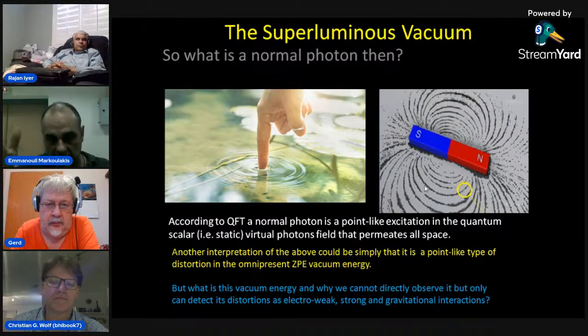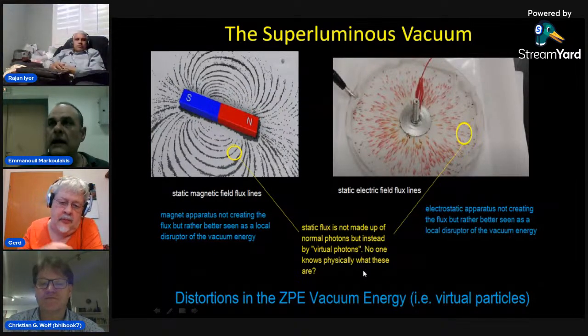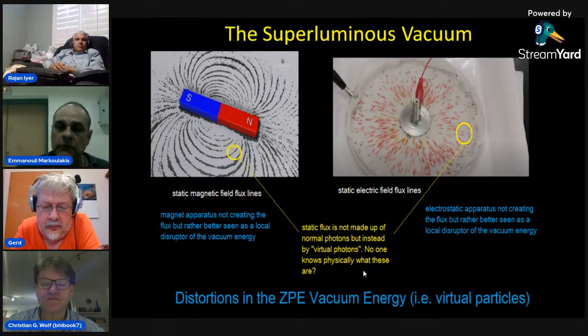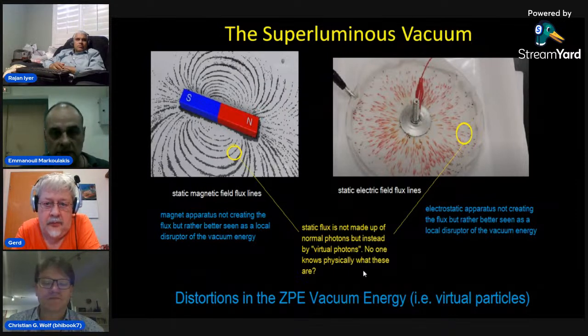So this is a normal photon, but again, the flux line itself is not made up of normal photons. It's called virtual photons. The thing is that no one really knows what these physically are. And I'm saying this because it will become useful later in our discussion. It's a very important part of my presentation to understand the concept of virtual photons.